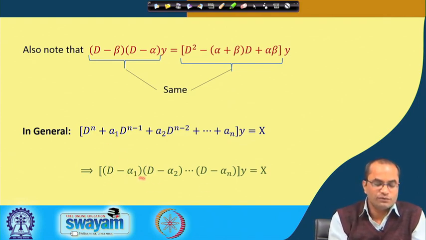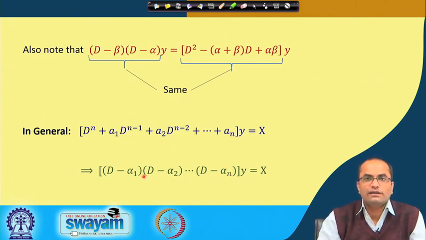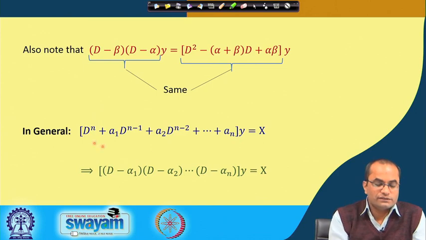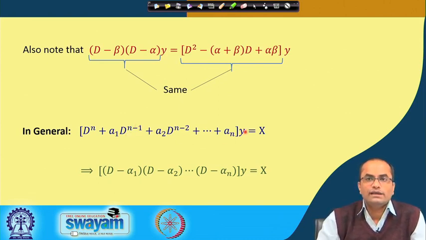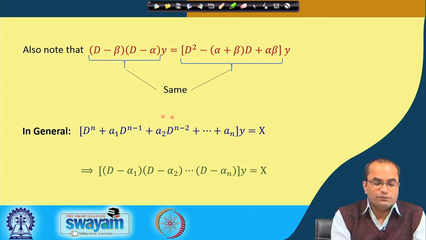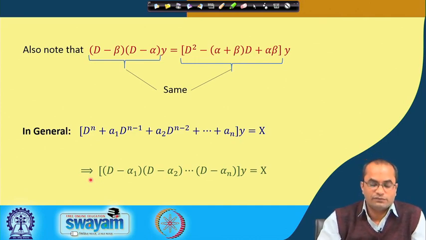So this will be equal to D minus alpha 1, D minus alpha 2, up to D minus alpha n, if alpha 1, alpha 2, alpha 3, up to alpha n are the roots of the equation D power n plus a1 D power n minus 1 plus and so on, plus an is equal to 0. If we have the roots, these alphas, then we can write this as a product of D minus alpha 1, D minus alpha 2, and so on, applied on y, equal to x, the right hand side.